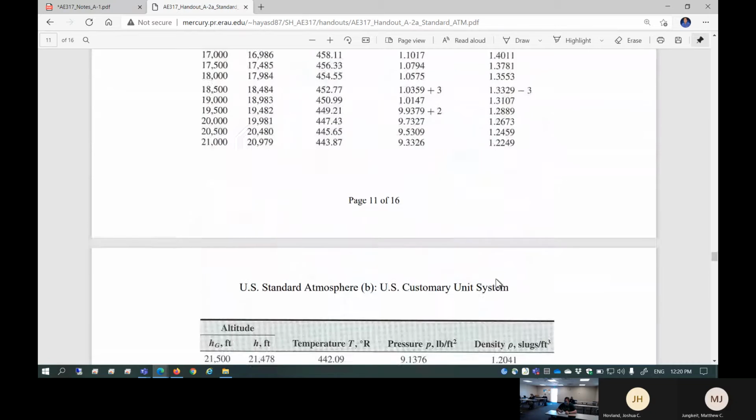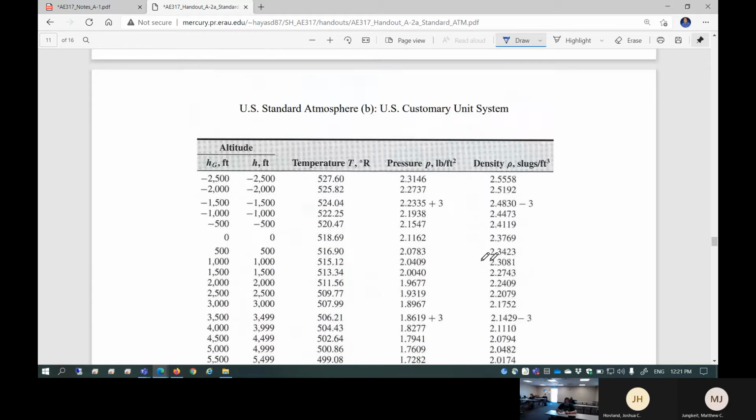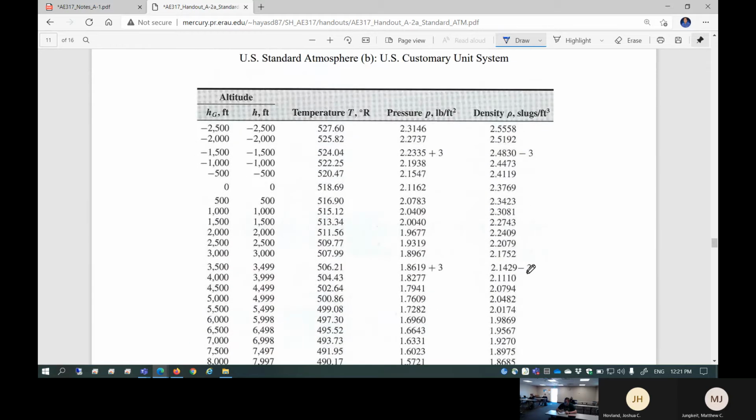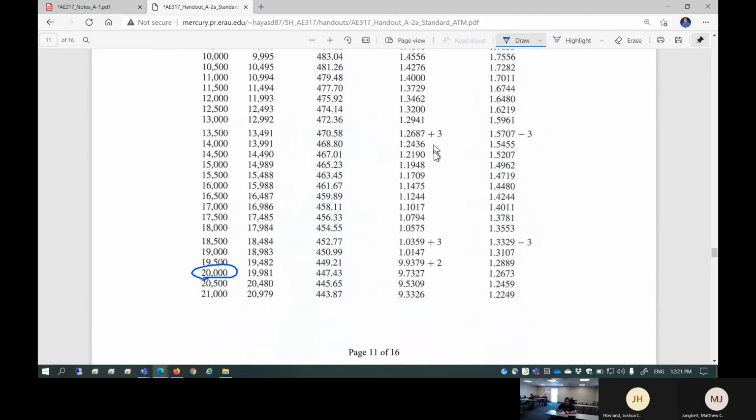Okay, 20,000 feet. So the airplane is probably not flying at 20,000 feet altitude, okay? But as the airplane flies, this is the pressure the airplane is sensing.